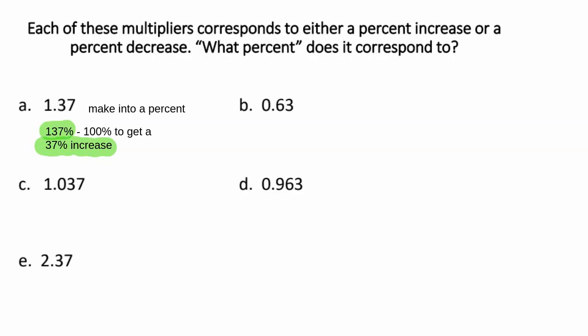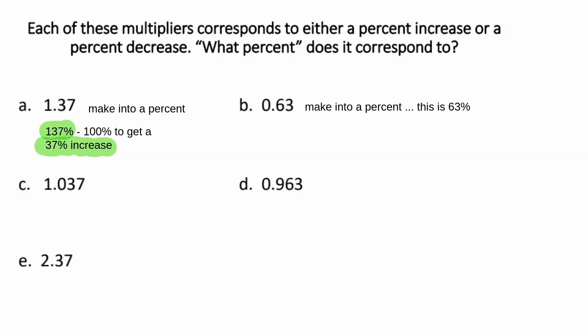Now, here comes B. And as I said, you may not understand what the words were in the last slide, but hopefully this will help you. We are going to make into a percent. This is 63%. Okay.